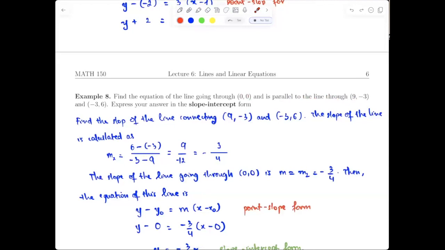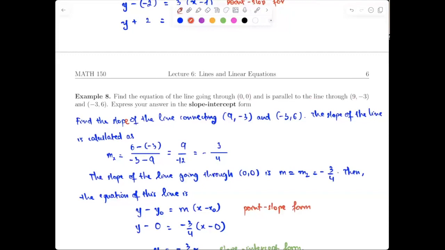All right, so there are two slopes. We know that two lines are parallel when the two slopes are equal and the y-intercepts are different. So first we're going to find the slope of the line connecting (9, -3) and (-3, 6).